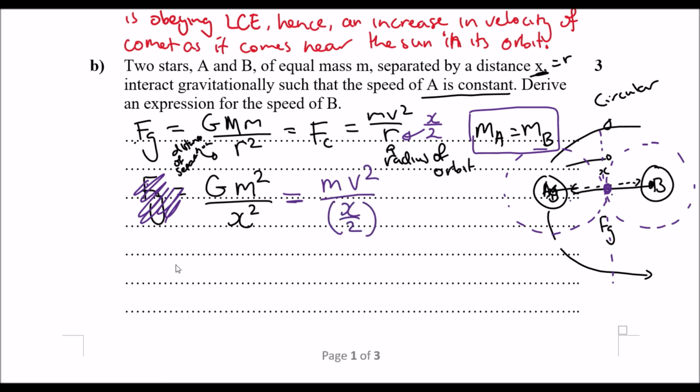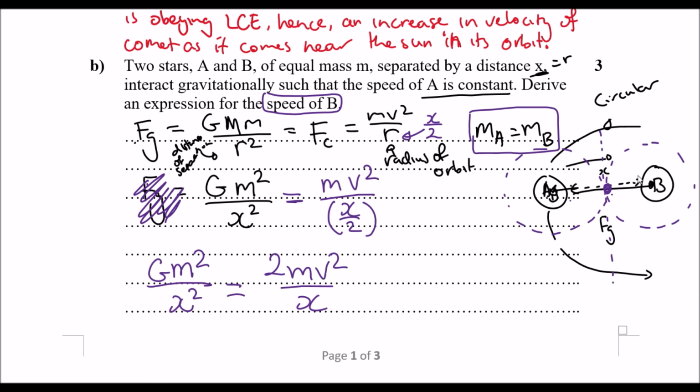If I change it around, it'd be x squared equals 2mv squared over x. Okay? Easy done. We want to find the speed of B. Here's our velocity component. We already know the velocity of A is constant.